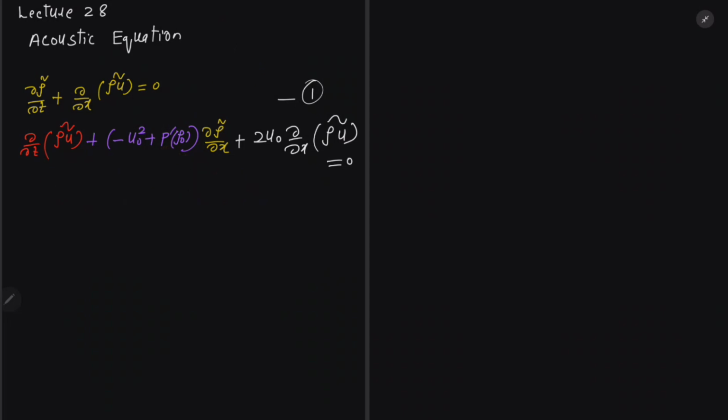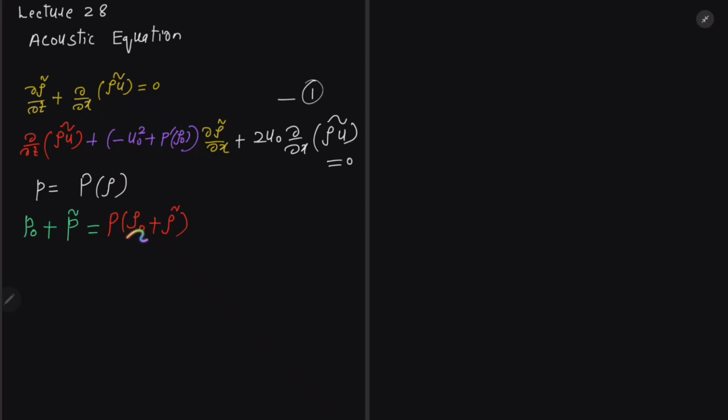So what we have now is P equal to capital P of rho, and we perturb, or we write this as a sum of rho naught, the fixed state, and rho tilde. I'm sorry, there is no P dash, it is P tilde equal to P of rho naught plus rho tilde.